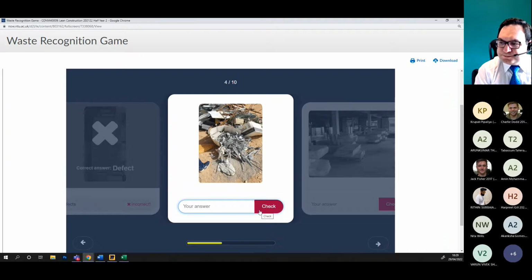What about this one? These are tools used for welding. So what do you think? What type of waste is this? Transportation, inventory, motion, overprocessing, right?